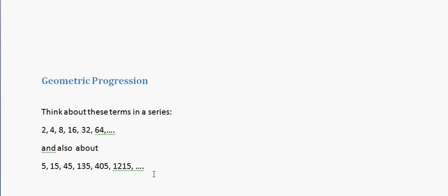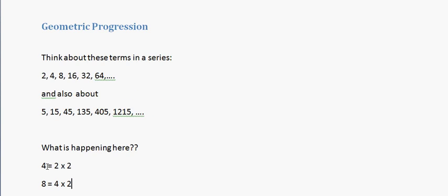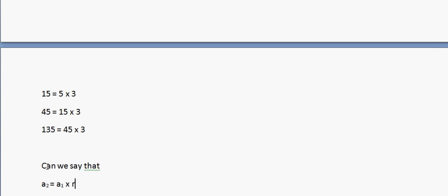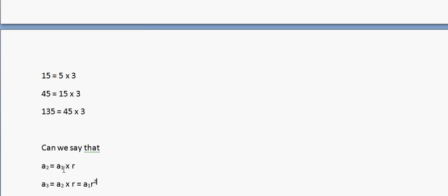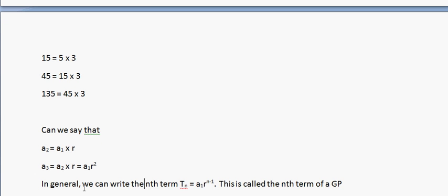So these kind of series where the next term is obtained by multiplying the previous term by a fixed number is called a geometric progression, and the number which is multiplied is called the common ratio, right? So we are saying that a2 is equal to a1 into r, a3 is equal to a2 into r, or it can be a1 into r square.